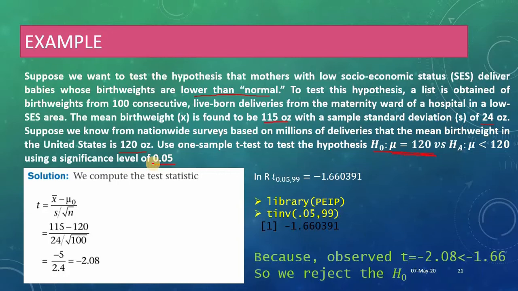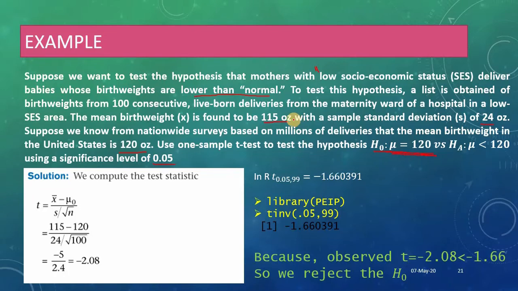That is what we want to test. So whether our claim that mothers with low socioeconomic status deliver babies with lower birth weight than normal holds: the normal is 120 and we got 115, but is it by chance or is it something significant that we want to test?